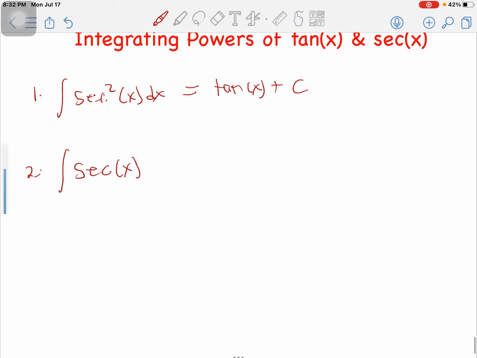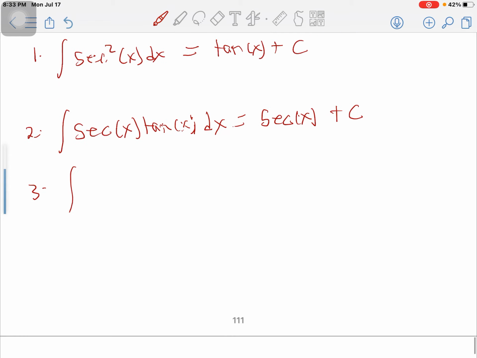The second one is the integral of sec x tan x dx, which should give you sec x plus c.